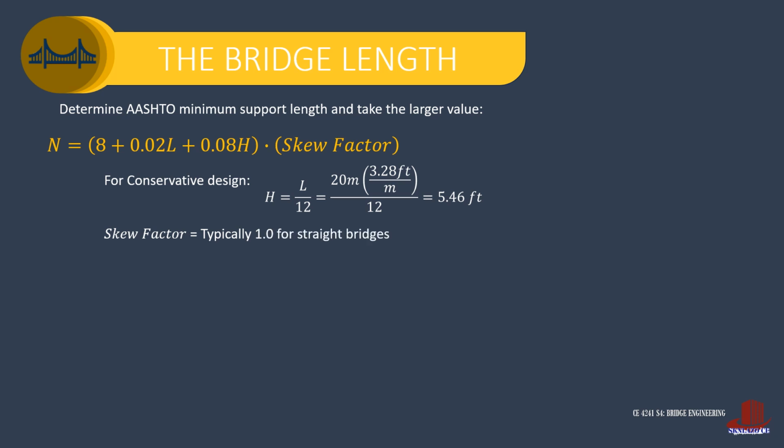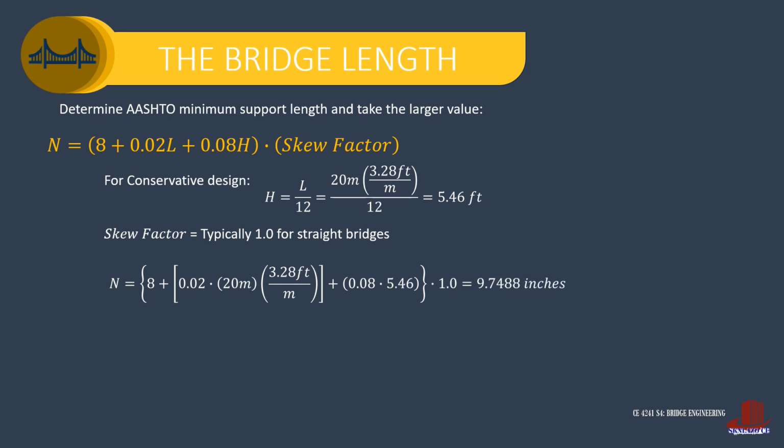The skew factor for straight bridges is taken as 1, so the end allowance can be computed as 8 plus 0.02 of the 20-meter length plus 0.08 of h, which was solved as 5.46, then multiply everything by the skew factor, which is 1.